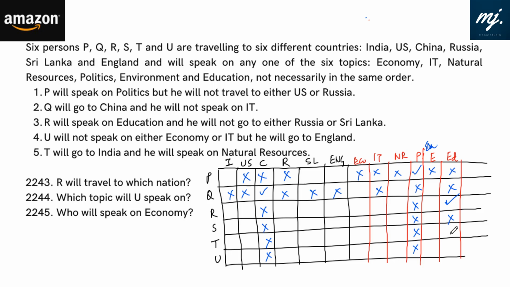R is on education. Fair enough. And he will not go to Russia or Sri Lanka. No Russia, no Sri Lanka. U will not speak on economy or IT, but he will go to England. U will go to England.